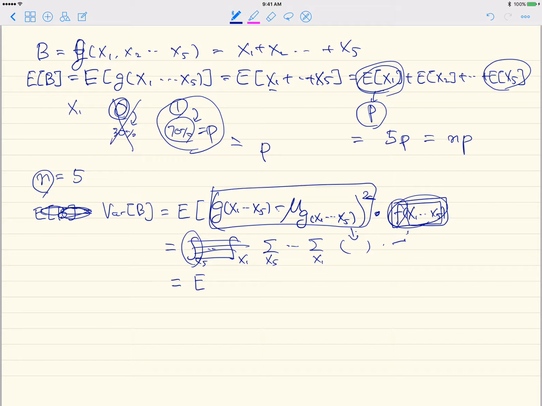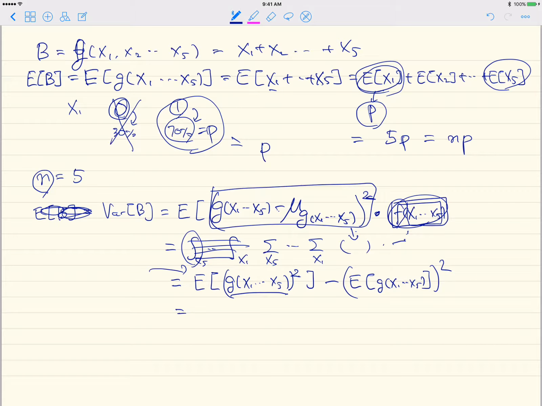So the variance can also be defined in this form: the expectation of g of x1 through x5 squared, the expectation of the squared random variable, minus the square of the expectation of g. Okay.